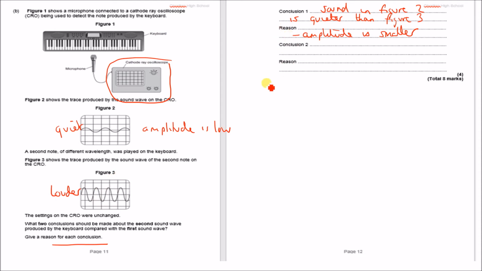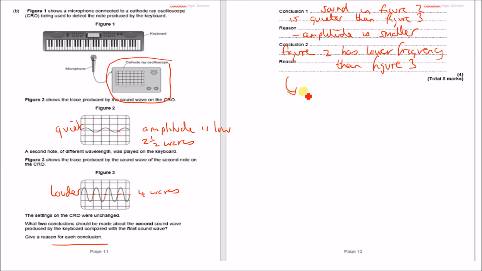Right, conclusion 2, well, there is 1, 2, 3, 4 waves here, and here there is 1, 2.5 waves. So conclusion 2, figure 2 has lower frequency than figure 3.